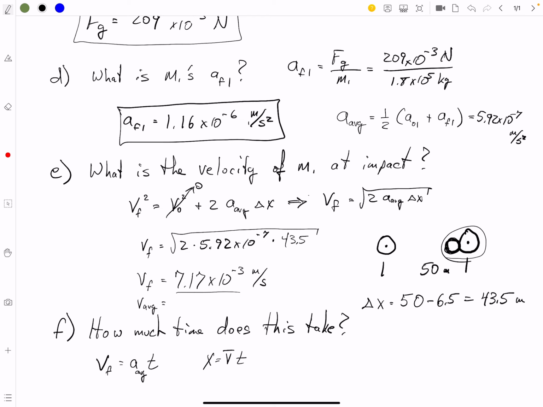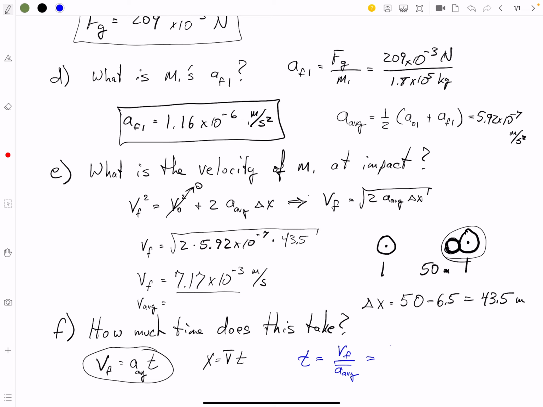We've got our v final, so we can just solve this one for t. So t is equal to v final divided by a average. I should be doing the bar over the top. That's what I should be doing. That's easier.